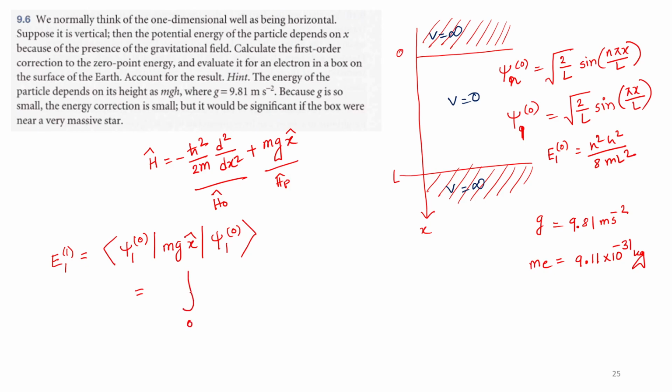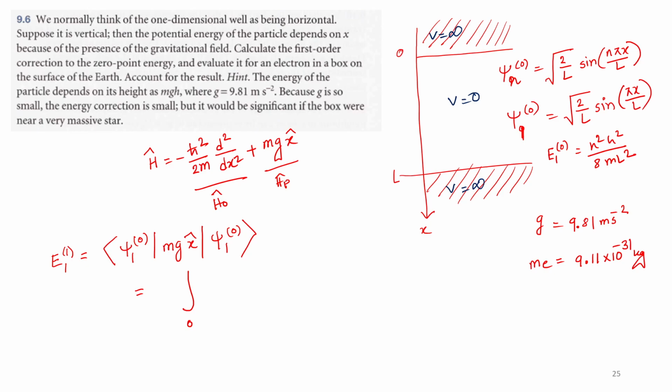Now see, if you remember the problem we were doing for the first order perturbation for a simple harmonic oscillator, there we said that the first order perturbation correction is zero.